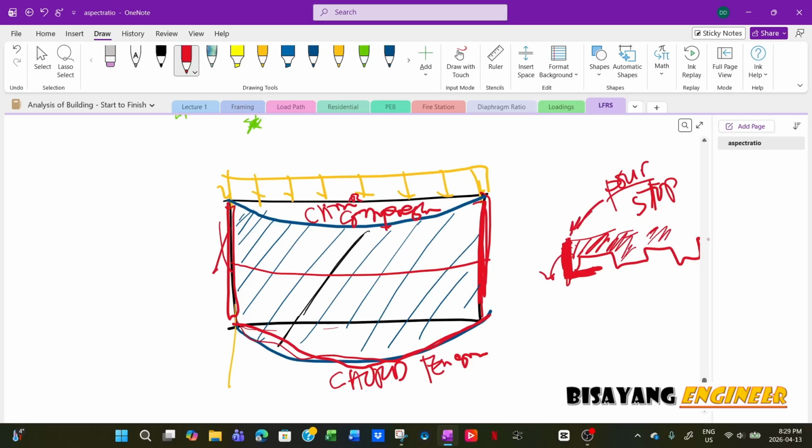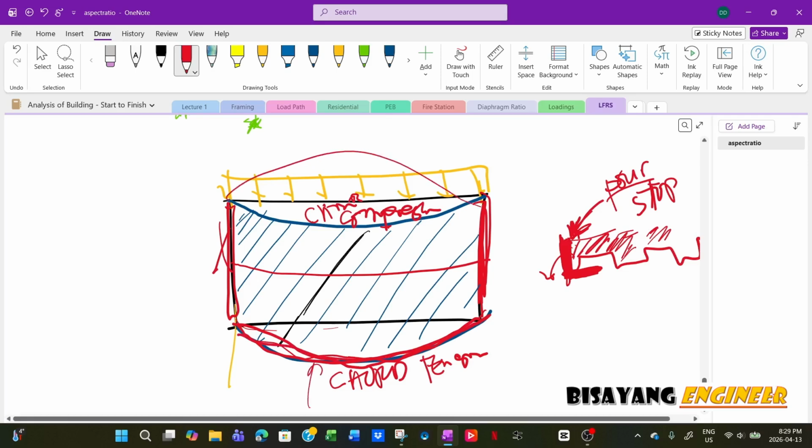But one of the structural functions of this pour stop is to resist the tension. So that's why in metal decking it is important to have this perimeter angle, because that will serve to resist tension. If the load is in this direction, then this is the one in tension.